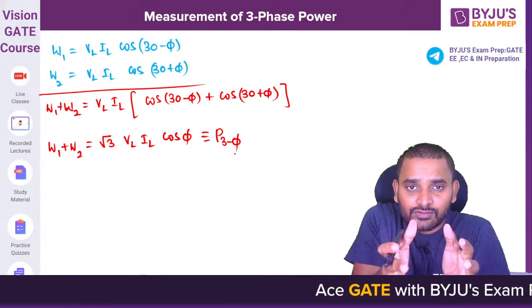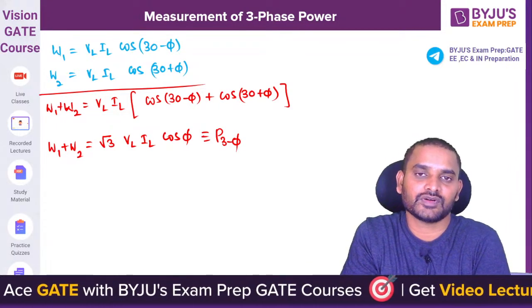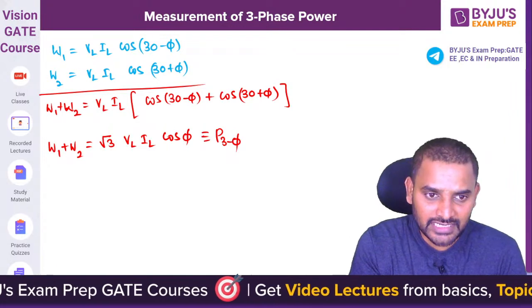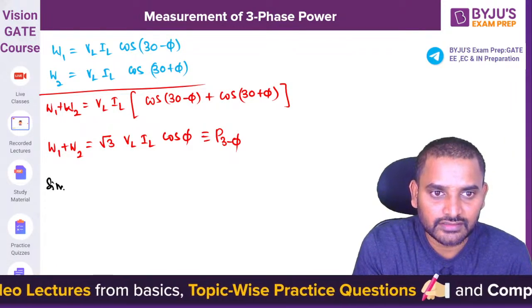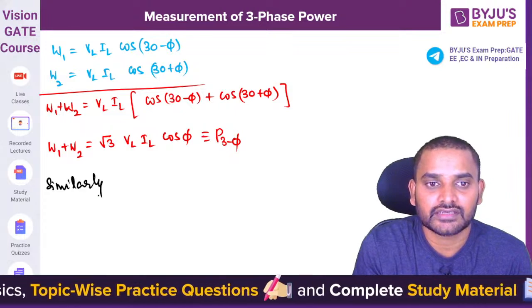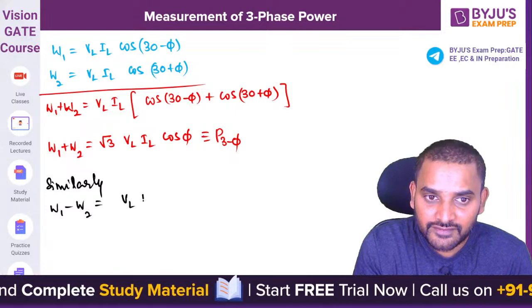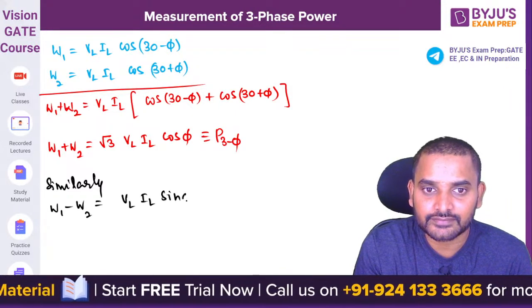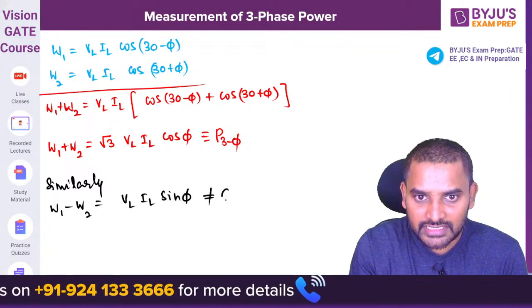So if you add the wattmeter readings, that is going to give you active power consumption by the 3 phases. Similarly, if you subtract, W1 minus W2, we are going to get VL IL sin phi, not root 3 VL IL sin phi. This is not a reactive power.